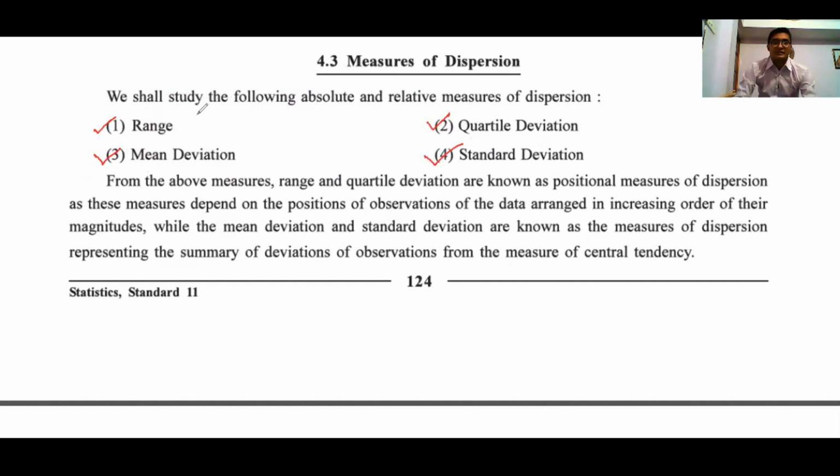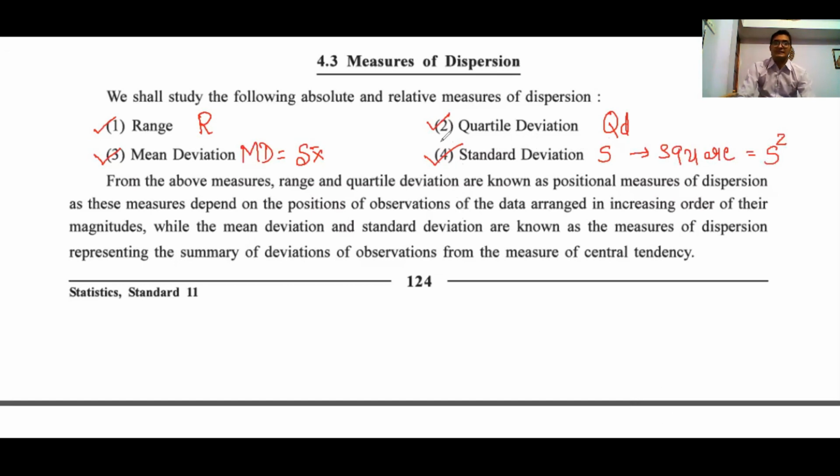Range, in a mathematical equation, we call R. Quartile deviation stands for QD. Mean deviation stands for MD, and we can also call it delta X bar. And at last, standard deviation we call S, and the square of standard deviation we call S square.